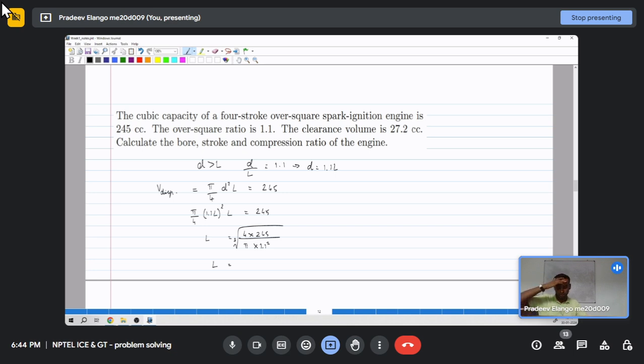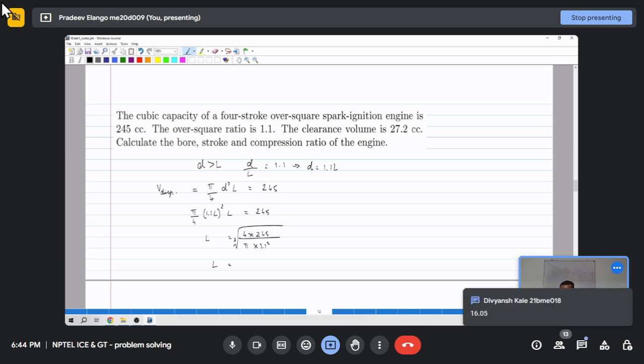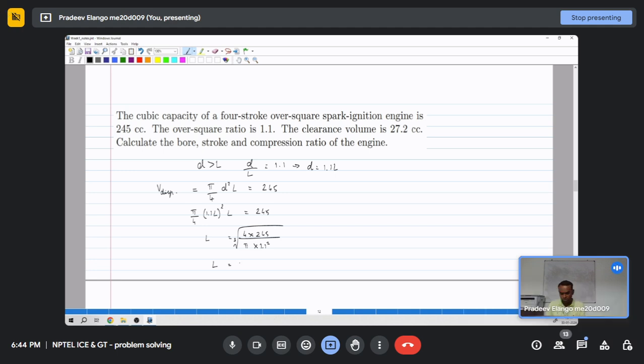So once you calculate, you can either unmute and tell the answer, or you can type in the chat box. Sixteen point zero five. I am getting 6.36. Can you check one second?